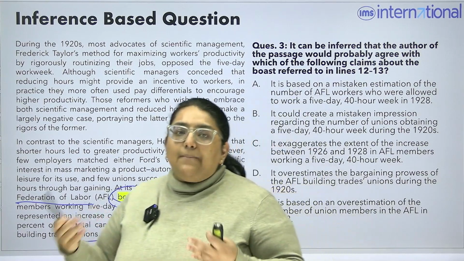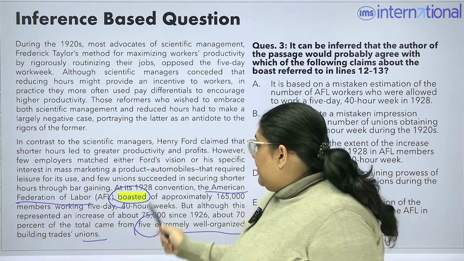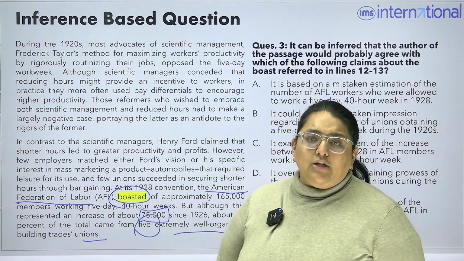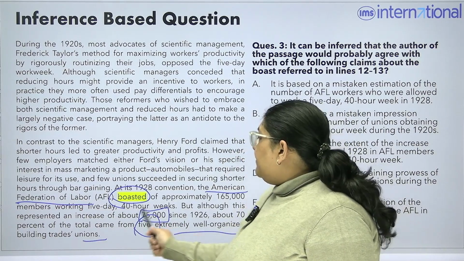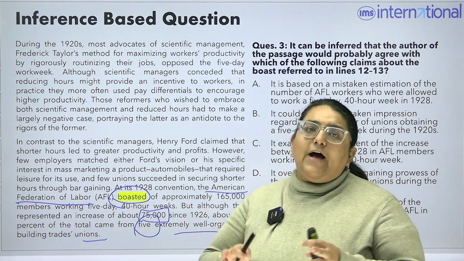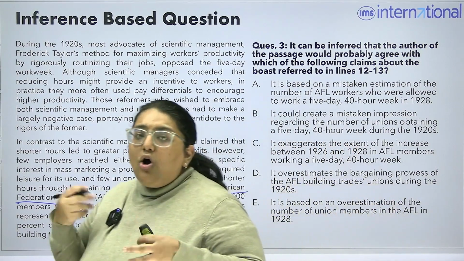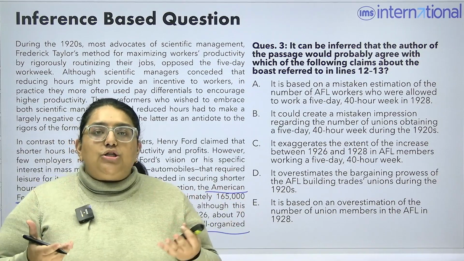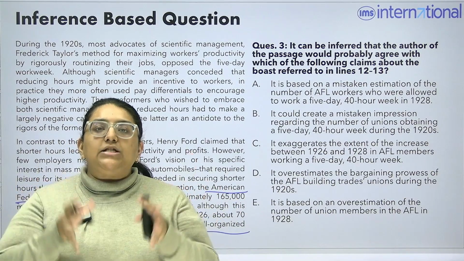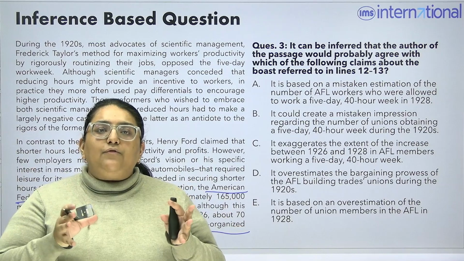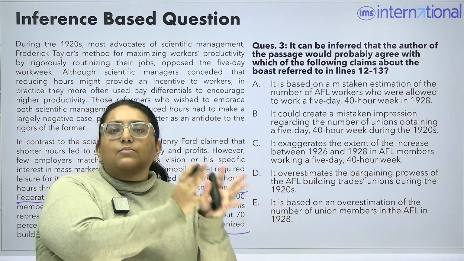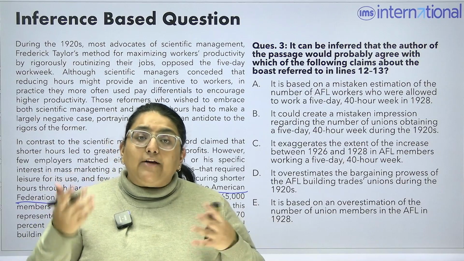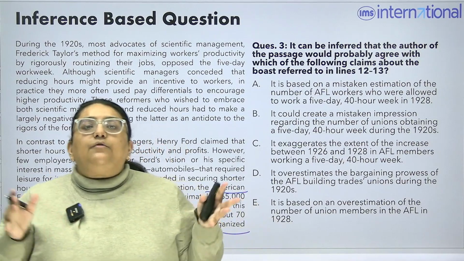So although this number is huge, the major part, that is the increase of 75,000 members, comes only from 5 unions. So the author is trying to tell us that although the AFL might be boasting of a huge number, a major chunk of that number is coming from only a small percentage of the total number of unions. So our answer should lie along these lines.